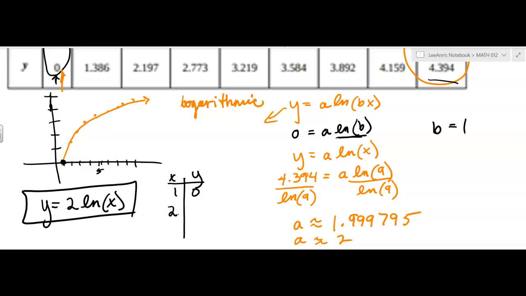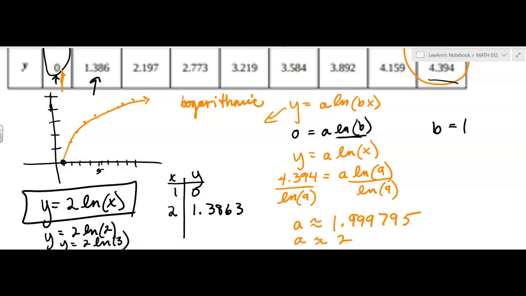And we'll see if we get close to what our data told us. Okay, so 2, you're finding y equals 2 natural log of 2. And it's about 1.3863. Okay? Which is pretty close to what we have right here. And then you could say y equals 2 natural log 3.